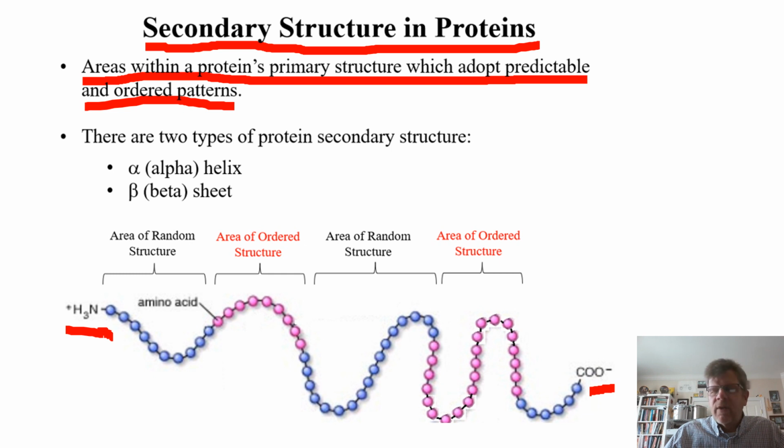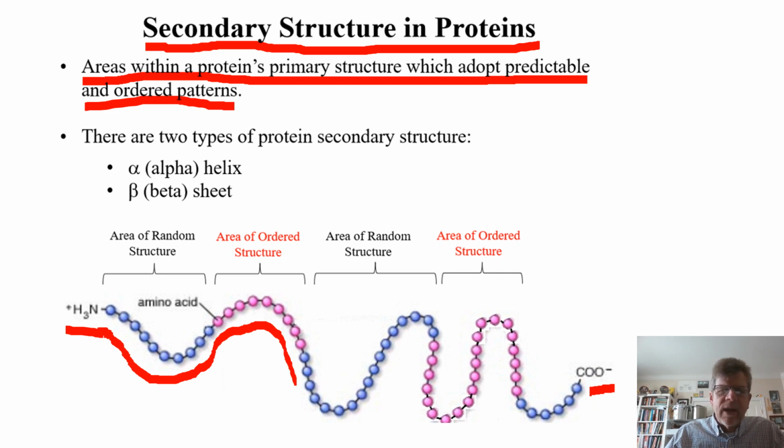Frequently, and this is all very representative, I hope you recognize. As we're following it along, we have areas of just random structure, but occasionally we have areas, given by a different color here, of what is considered ordered structure. We're going to figure out what that ordered structure is in just a moment.